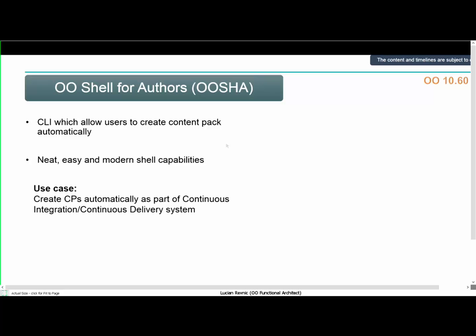Now, as part of this CI/CD process of developing content and content packs, there is a need to, for instance, automate the creation of the content pack without, for instance, starting Studio. You want to do it automatically from the CLI, right? Today, before 1060, there is an option that we provide through the OO SDK that allows users to automate this CP creation from the command line, but this requires Maven knowledge, and we noticed that not everyone is familiar with Maven.